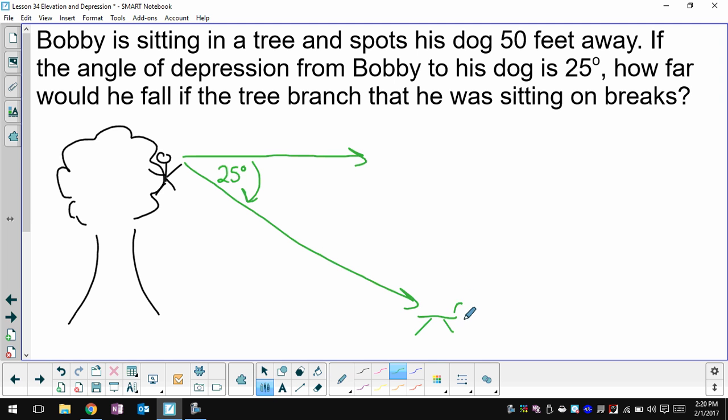There's my dog. The tree is 50 feet high. And I have over here the makings of a right triangle. I can finish that off. If the tree is 50 feet high, that means that this measure in the right triangle is 50 feet.